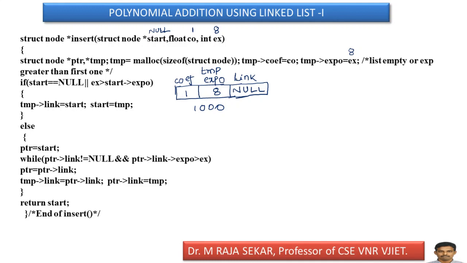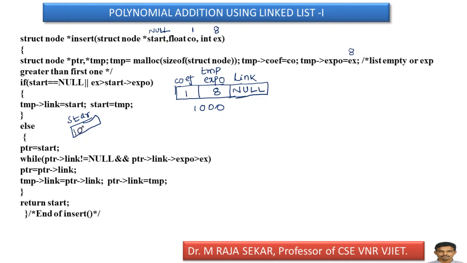Now what happens? tmp arrow link equal start. Start equal to tmp. What does it mean? Start is a pointer variable. Let me write here start equal to tmp. What is your tmp value? tmp means 1000.